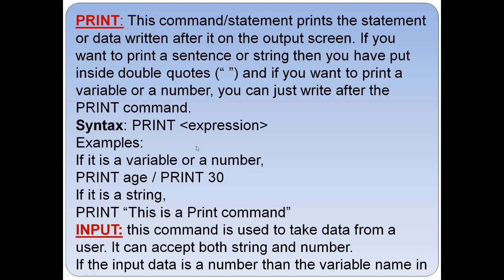The syntax of the print command is print, then the expression which you want to print on the screen. For example, if it is a variable or a number: print age, print 30. If it is a string, then you will write print and put the text in double quotes. This is the print command which is used to show a result after execution of the program.